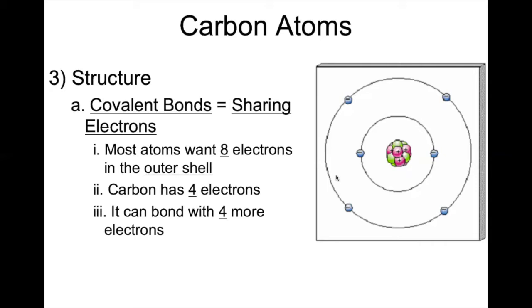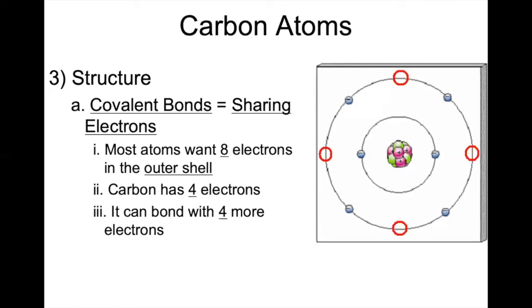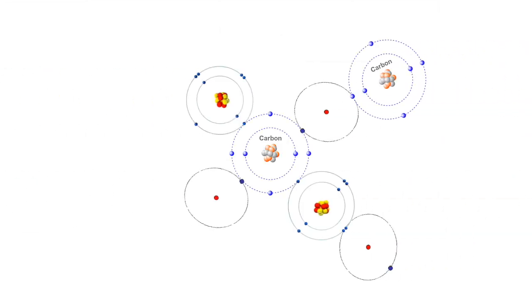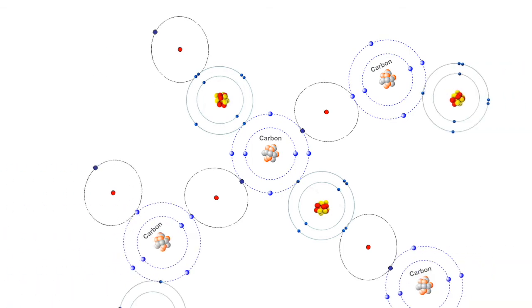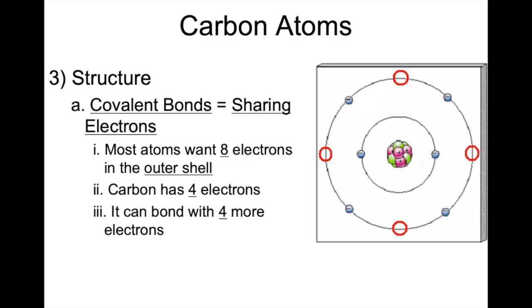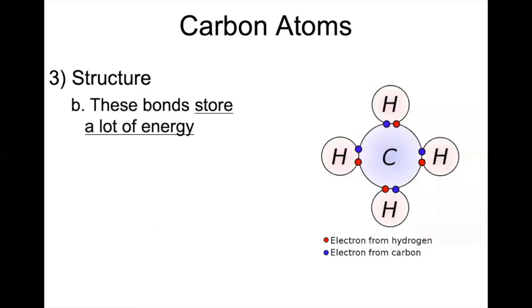We call this the octet rule. And carbon only has 4 of them, which means there are 4 empty spaces available, 4 spaces where it can hold on to other atoms' electrons. That means it can build in 4 different directions. Because of this, carbon has a unique ability to make some extremely large molecules, which is what you are made out of. 4 extremely large molecules, specifically, that we're going to be talking about. We call those the macromolecules, but we'll get there.